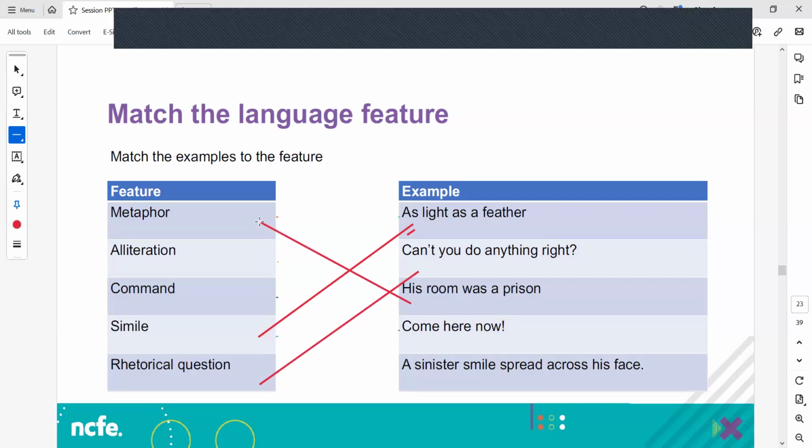Good, well done. And the last one, a sinister smile spread across his face. That's an alliteration. Good, we've got that repeated.